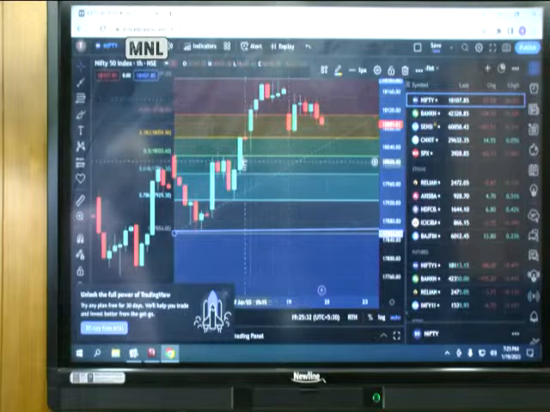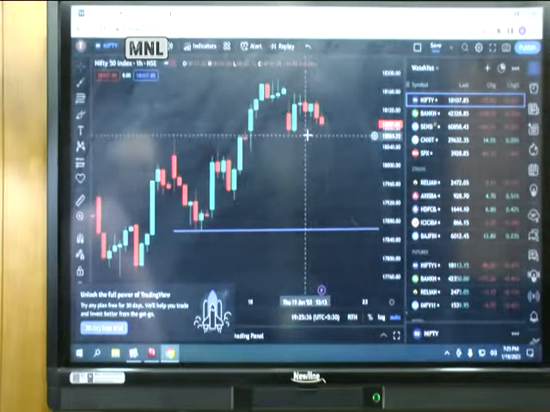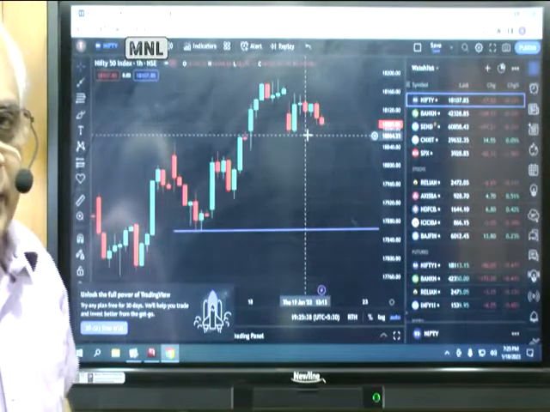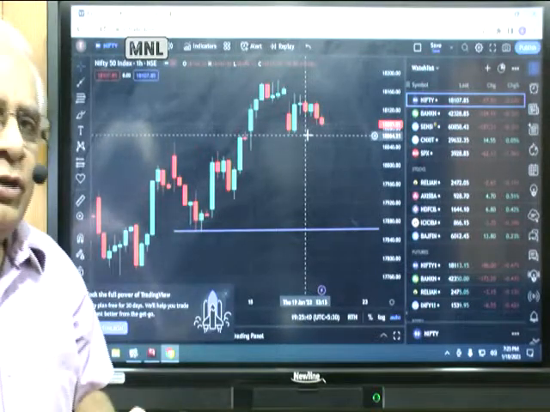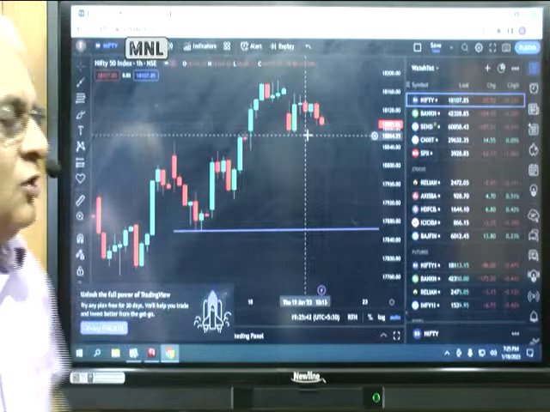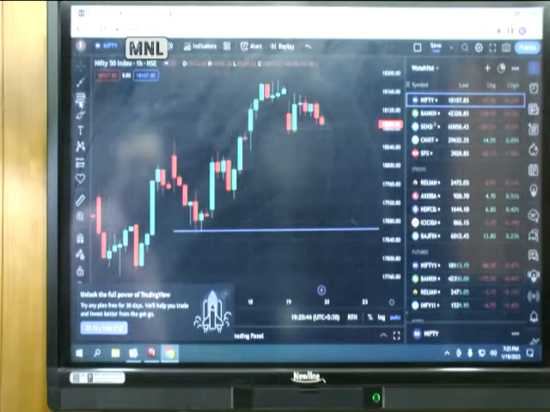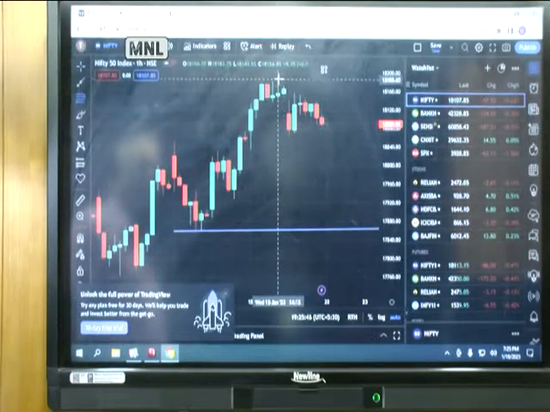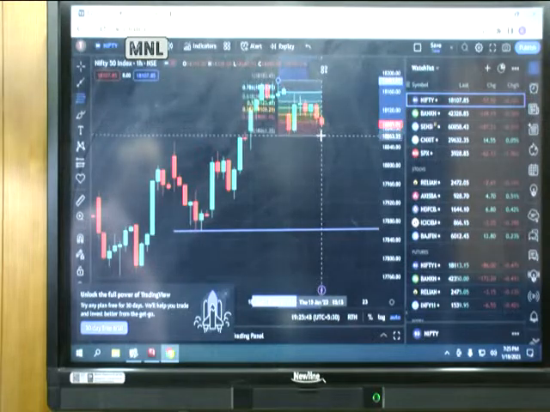This 38.2%, for example, let me remove this. Now let us say it cuts the 38.2% retracement. If it goes to 50, we'll keep 23.6. But till such time this is cut, we will keep this. Now today it cut the 18,108, and immediately you see it went down to 18,064.